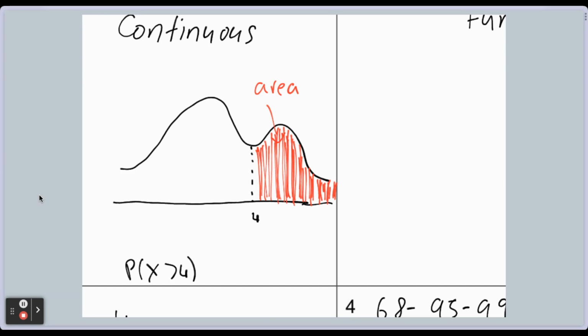And that is how we work out the probability of a continuous random variable. Okay, does that make sense so far? It's the sum of an infinite number of little lines there. And if we squish those lines up really close to each other, we end up with an area concept.